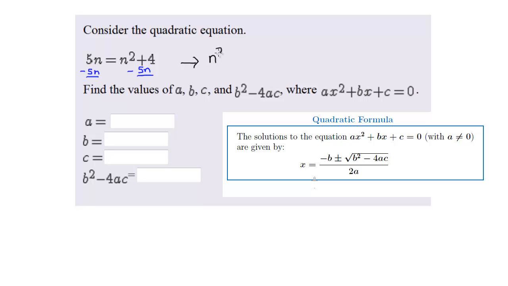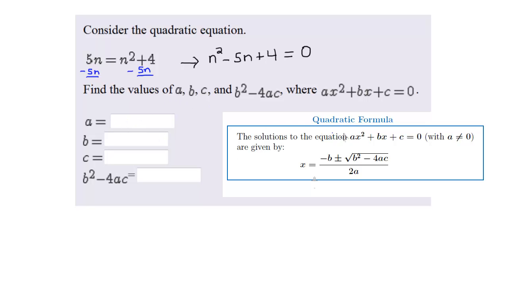That means we have n squared minus 5n plus 4 equals 0. All right, so now our quadratic equation is set equal to 0, and we can go about finding the values a, b, c, b squared minus 4ac.